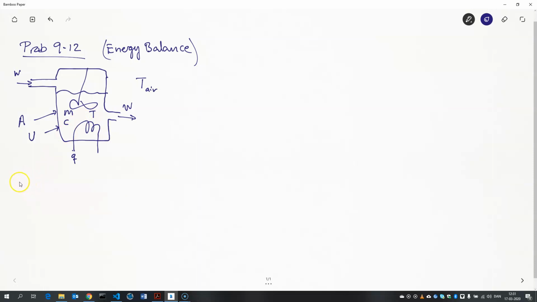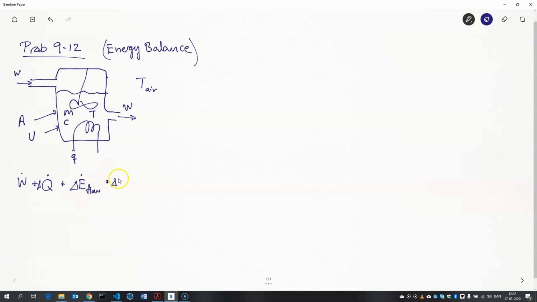So I'll start out by the general energy balance that we talked about earlier. There might be work done to the system or by the system on its surroundings. There could be some exchange of heat. The flow in and out of the system supplies and takes away energy from the system.